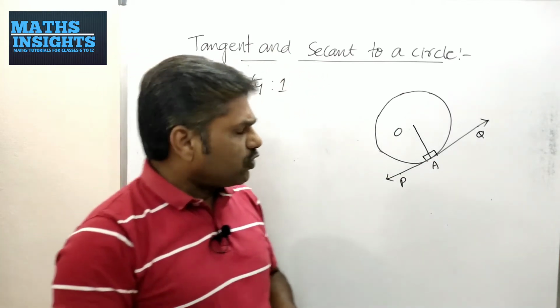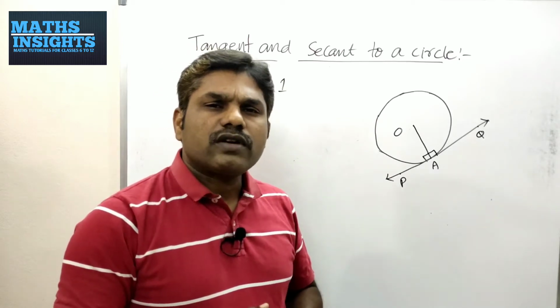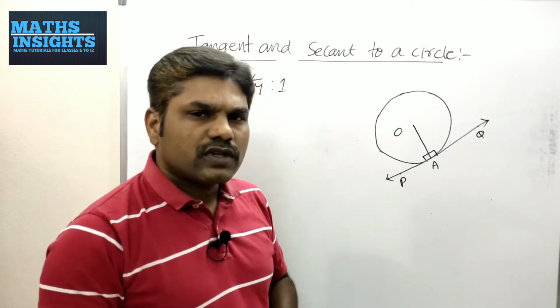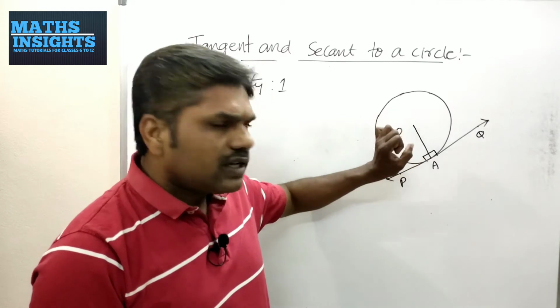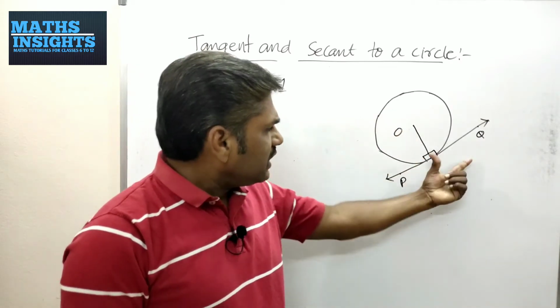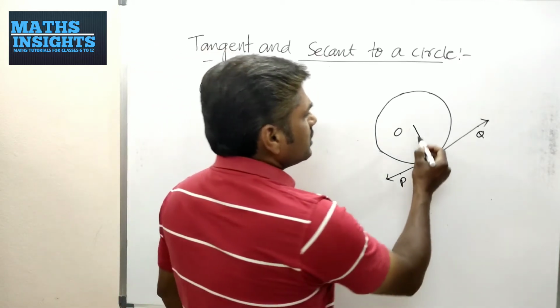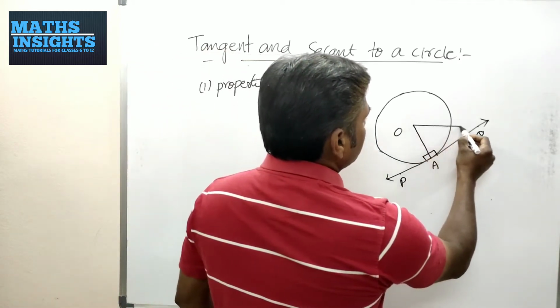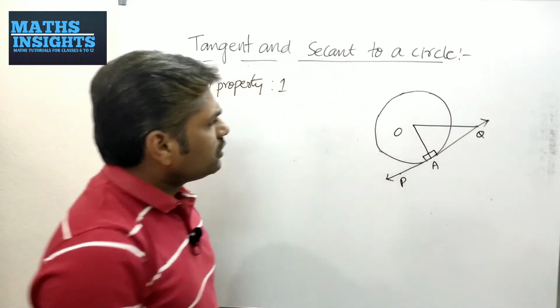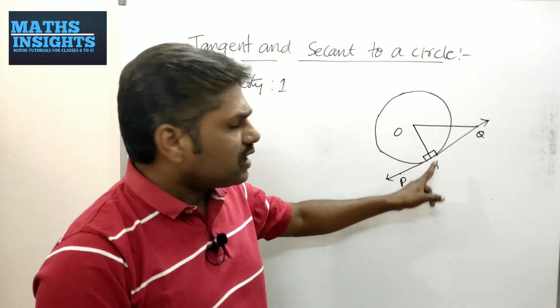This is very important. Basing on this property, you will solve different types of problems like finding the radius of the circle or finding the length of the tangent. If you join this O and Q, you will have a right angle triangle called OAQ.